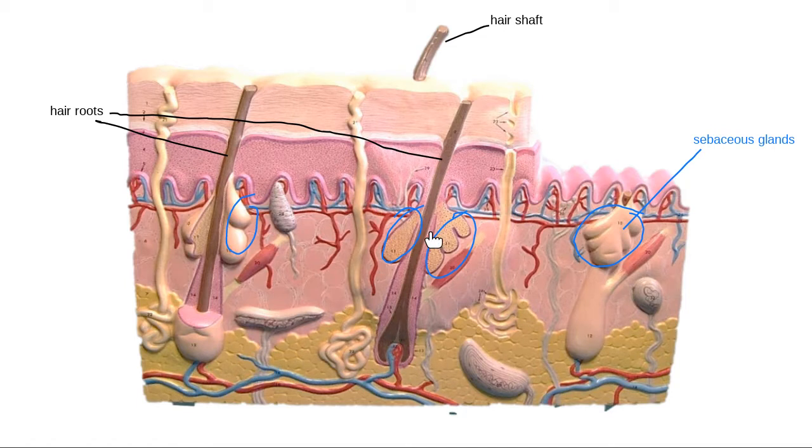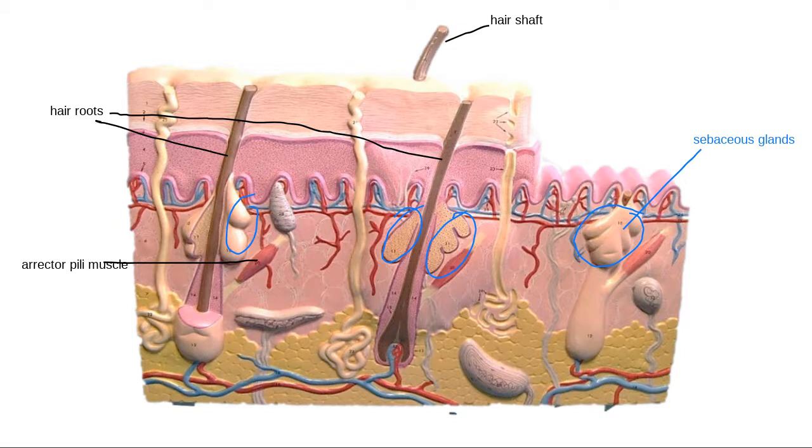So sebaceous glands are attached to our hairs. The other thing that's attached to our hairs are these little guys right here. These little guys right here that I see are actually muscles. So each of these are muscles. The name for these muscles, they're called the Erector Pili muscles.